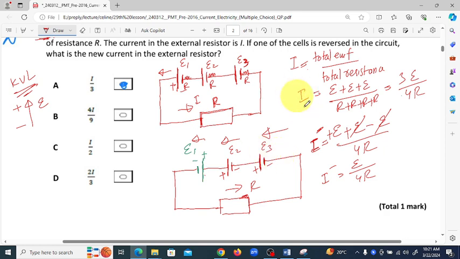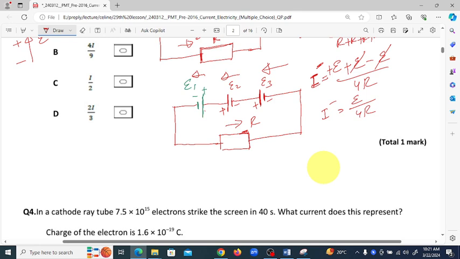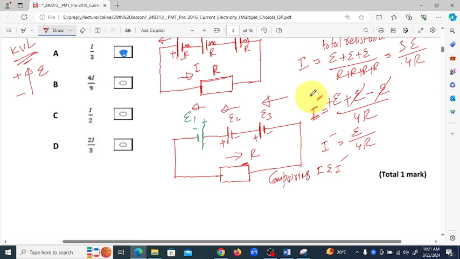Comparing the initial current I and the final current I dash, if we take the ratio I dash over I, it is E over 4R divided by 3E over 4R. E is cancelled, 4R is cancelled, and we are left with 1 over 3.